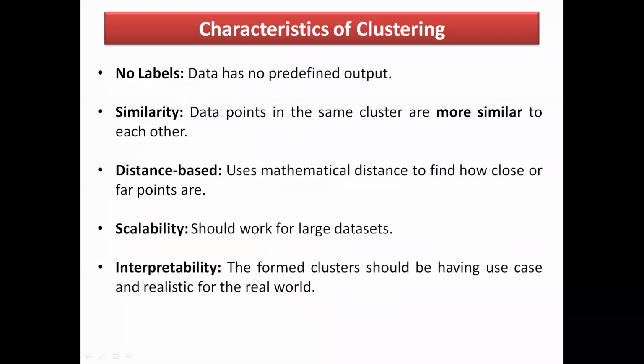We have to see which particular technique we have to adopt, whether hierarchical or density based or distance based. So these are certain characteristics, and depending upon distance, depending upon density, depending upon some specific association, we decide these data items to be allocated to a specific cluster.